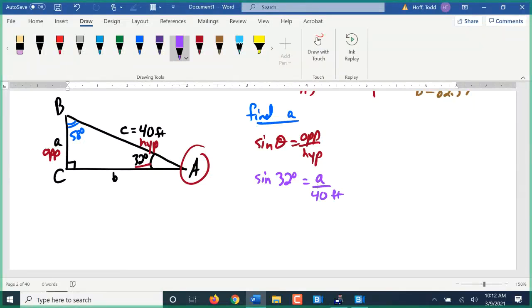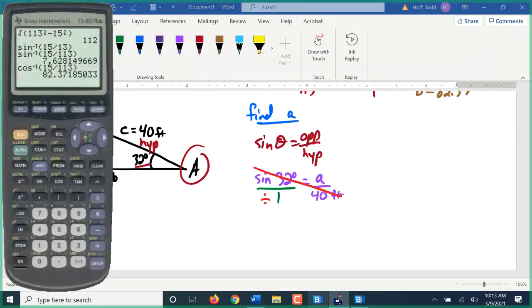Now to solve this, I go back to our original definition of these trig functions, which was sine over 1. So I'm going to put that back in. This is sine of 32 degrees over 1 equals A over 40. So now it's a proportion again, and to solve it, all I have to do is cross multiply and divide. Sine of 32 times 40 divided by 1.